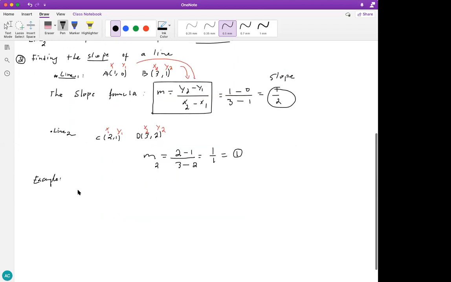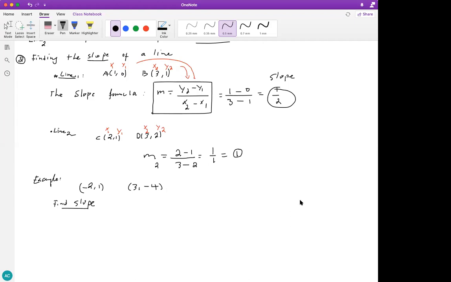But it may give you 2 points, for example, -2 and 1, and another point, maybe 3, -4. Let's say find the slope.